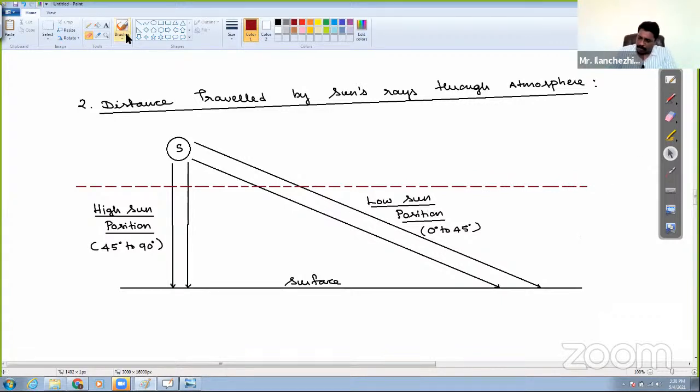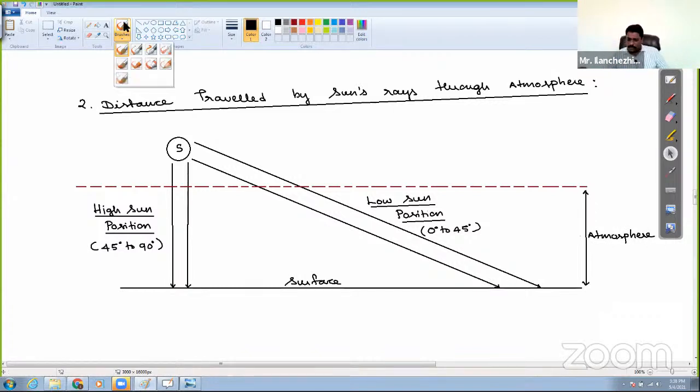Assuming that you have an atmosphere, what happens? Somewhere I told you that the distance traveled through the atmosphere is also very important. Now, when I talk about high sun position or vertical sun's rays, my friend, they travel a minimum distance. They travel a less distance through the atmosphere.